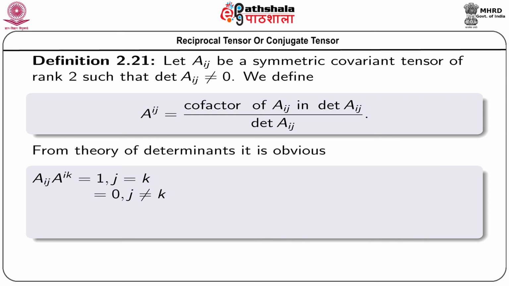So, the cofactors multiplied with the elements and summed, we get 1 for j equal to k, and for j not equal to k we are getting 0. That is Aij Aik equals delta kj.